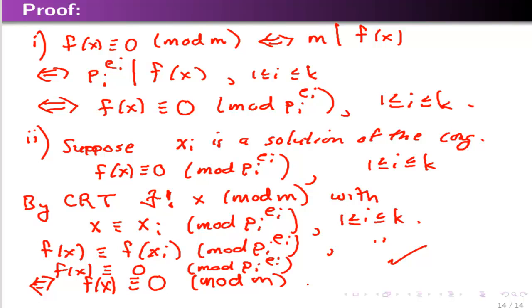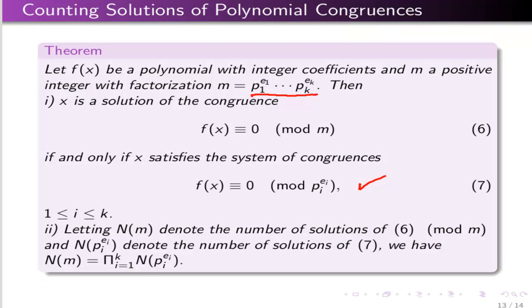Thus, if you're trying to count how many solutions there are mod m, you just count how many solutions there are for each of the prime powers. So how many choices are there for the mod p1 to the e1 congruence, and I compare that with any solution to the mod p2 to the e2, and I compare that with any solution to the mod p3 to the e3, and so on, and thus the total number of solutions is just the product of the number of solutions mod the prime powers.